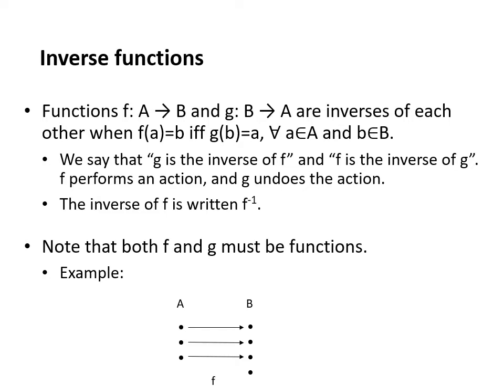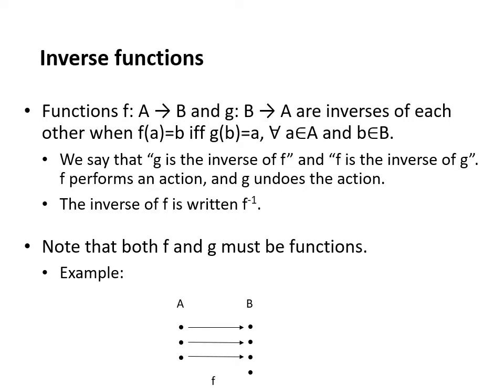It's very similar to inverses of relations. So functions f that maps A to B and g that maps B to A are inverses of each other when f of a is equal to b if and only if g of b is equal to a, for all a element of A and b element of B. So we say that g is the inverse of f and f is the inverse of g.